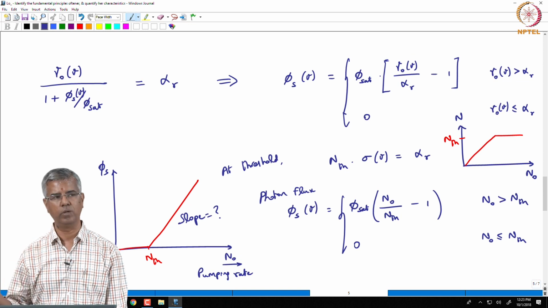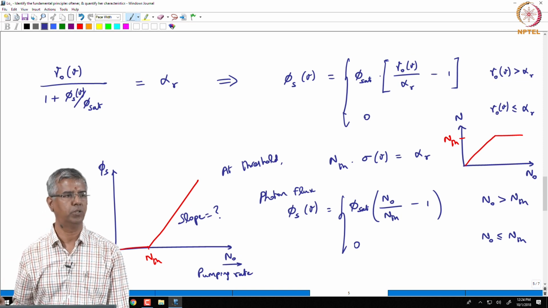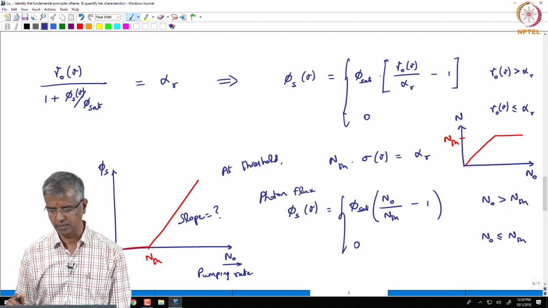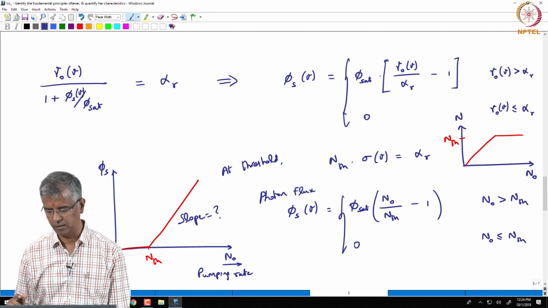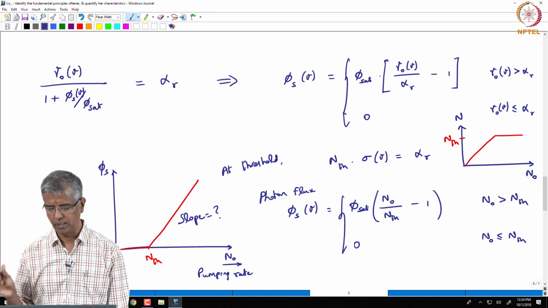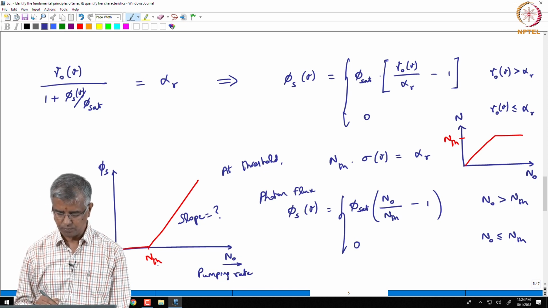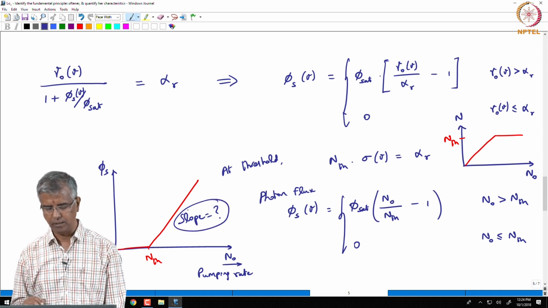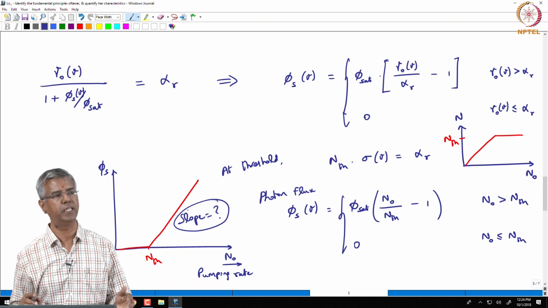So, any more inversion beyond the threshold inversion is going to result in the generation of these extra signal photons, which will essentially escape the cavity. So, that is what we are projecting over here.